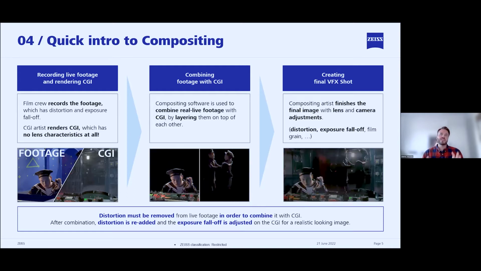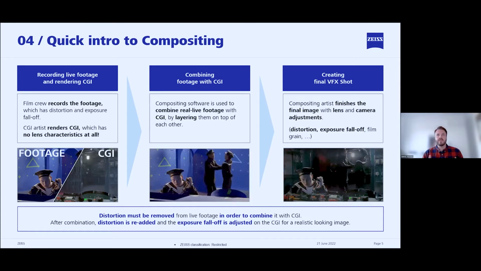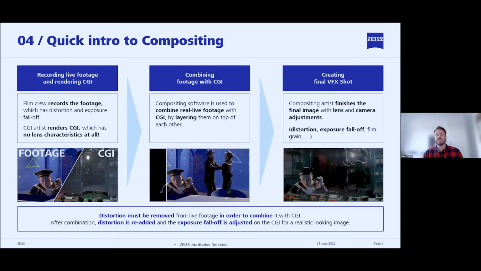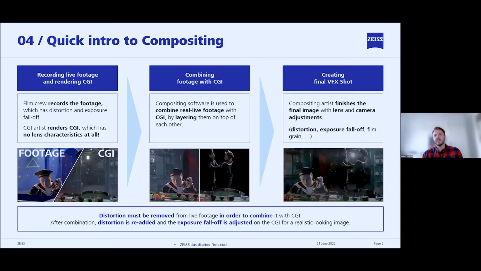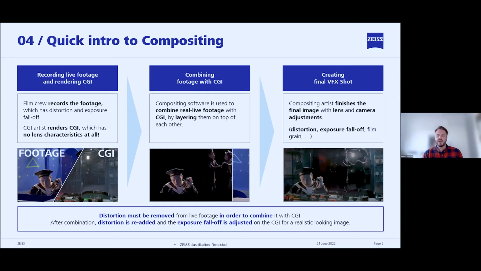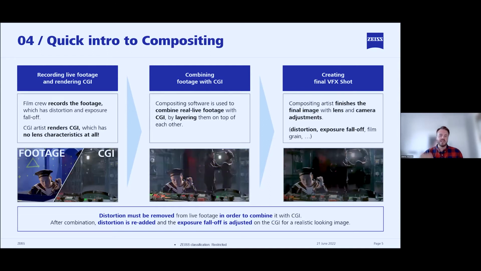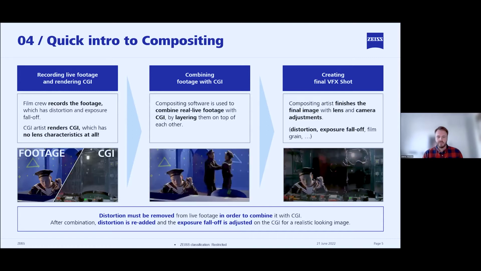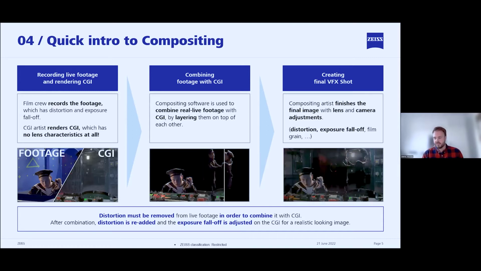Normally what they do is they just remove the distortion, combine everything, and then they tweak a little bit on the brightness values to match the CGI in the shading values. But in our case, we think it's even easier to remove it also as well beforehand. And with our tool, it's now possible.